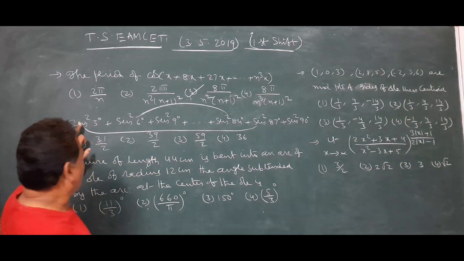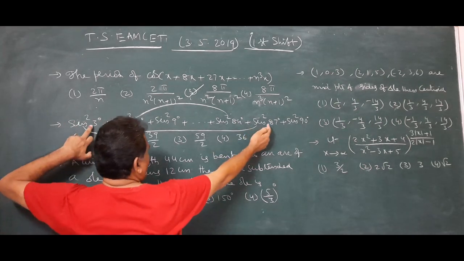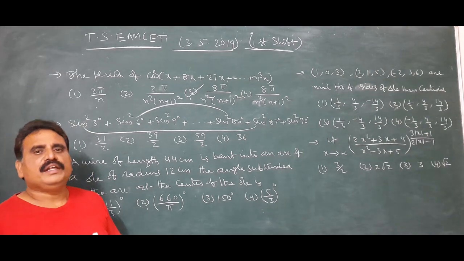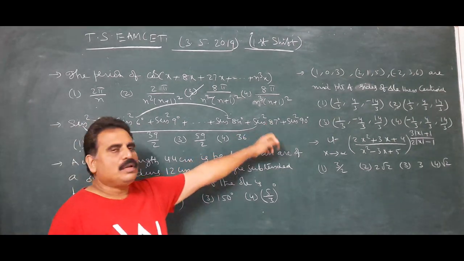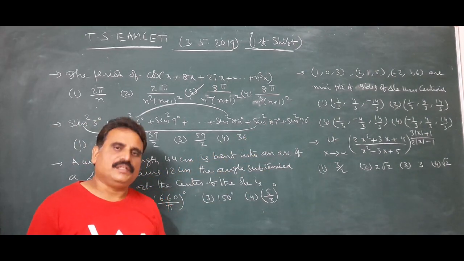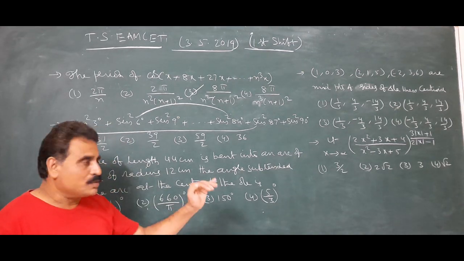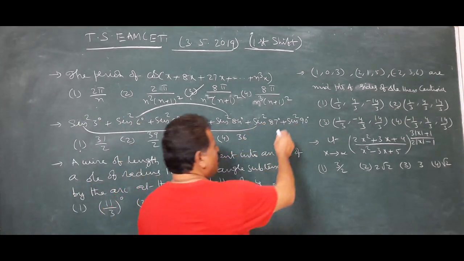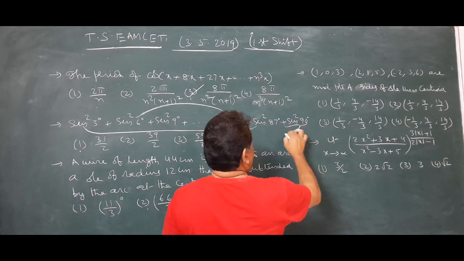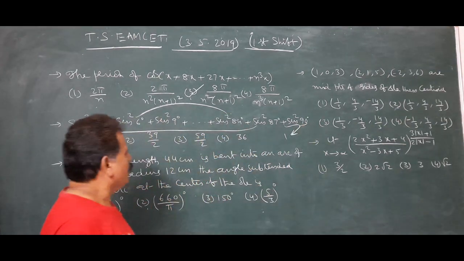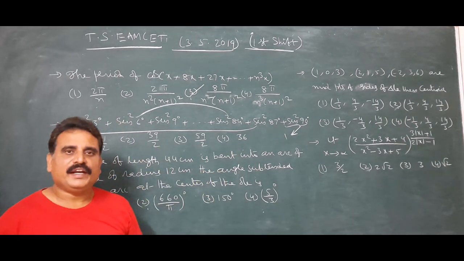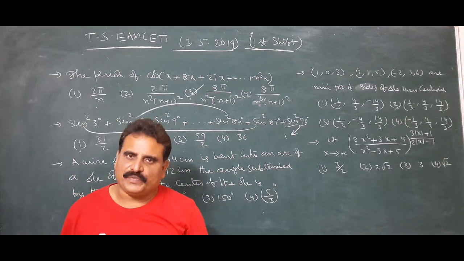So the total number of angle terms from 3 to 87 is 29. 87 is a multiple of 3, that is 29 into 3. So 29 terms. This is the 30th term. This value is 1, this value is 1. How many pairs will exist? There are 29 terms. One term is sine 45.